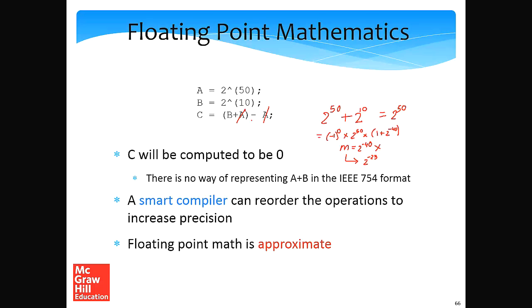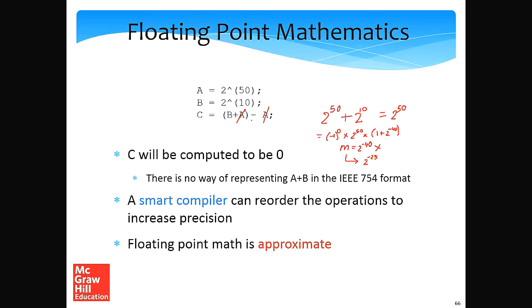In this case, we cannot represent a number of the form 2 raised to the power 50 plus 2 raised to the power 10. It's simply not possible for us to represent a number of this kind. As a result, we'll have a non-intuitive result at the end, where C will be computed to be 0. At least most compilers would do that. A lot of compilers might want to reorder the operations or locally resolve them.